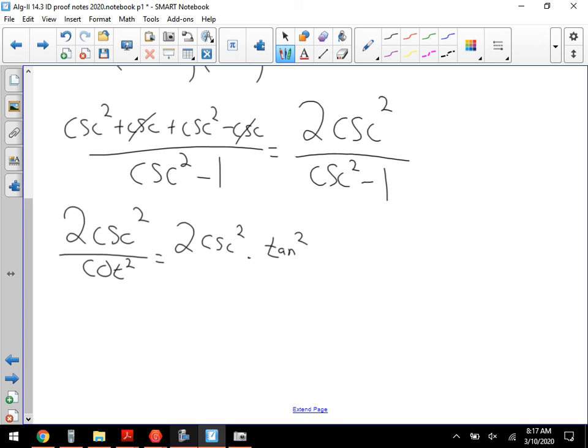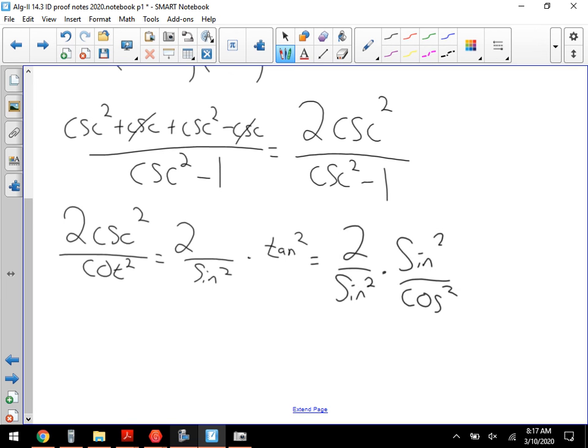The reason why I did that is because as soon as I recognized that I rewrote cotangent squared from the denominator as tangent squared in the numerator, I know that I'll have sine squared, cosine squared, and this might be very helpful. Yep. Still 2 over sine squared, then times sine squared over cosine squared. Huh.